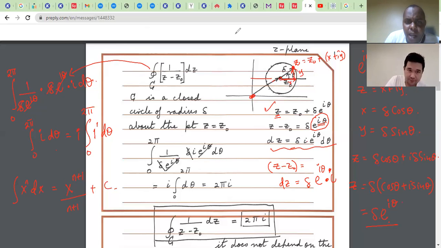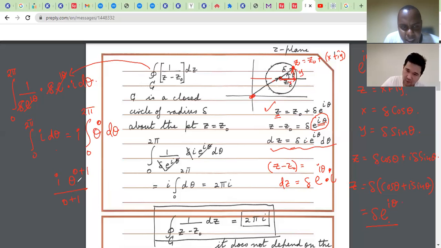Actually 1 is x to the power 0, so it's θ to the power 0 dθ, because any number to the power 0 is 1. If we use this rule, it's going to be i, and then you do 0 plus 1, θ^{0+1} divided by 0 plus 1.